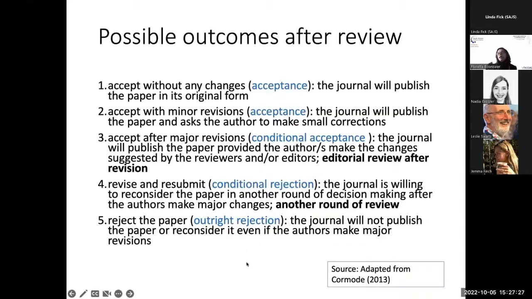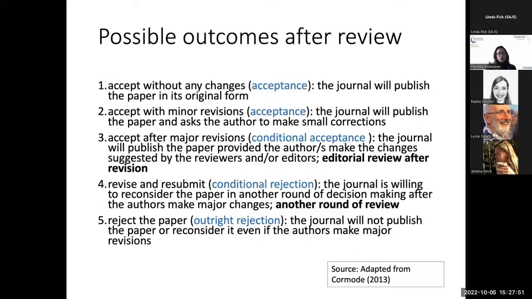So as a reviewer yourself, most journals will ask you, there's a form, a tick box that will ask you, are you available to review a revised version of this manuscript if necessary? And so that's where reviewers will indicate if they're available for a further round of review or not.